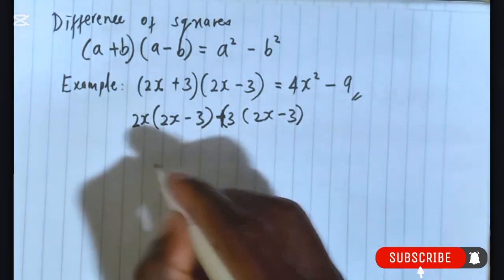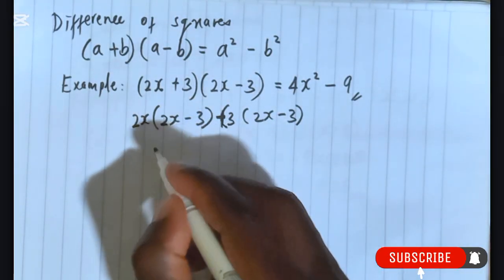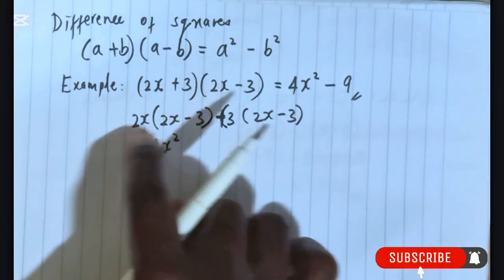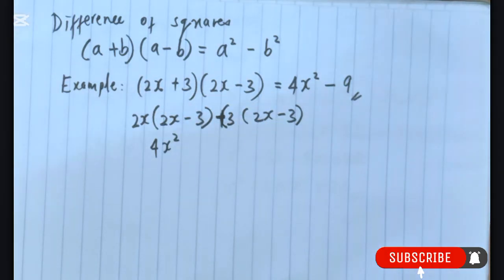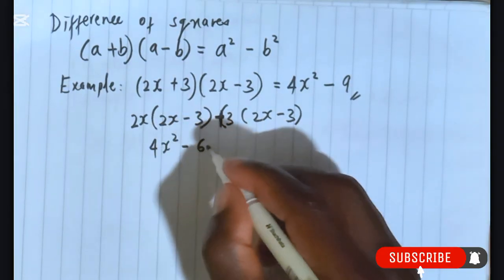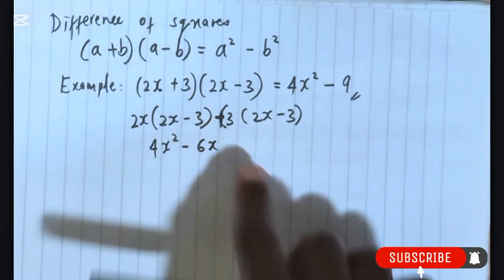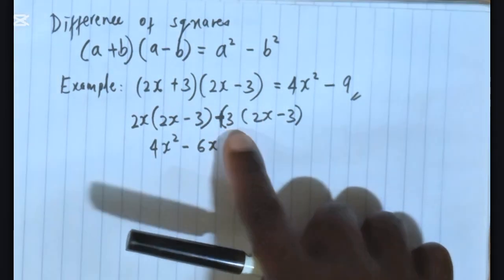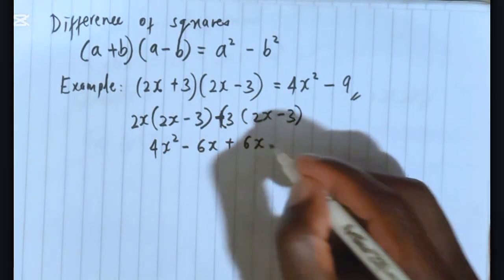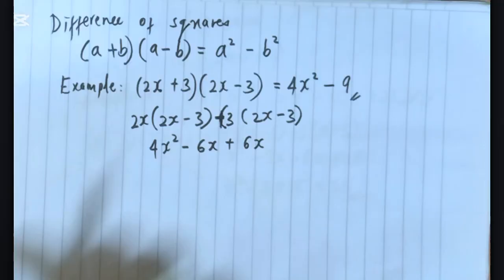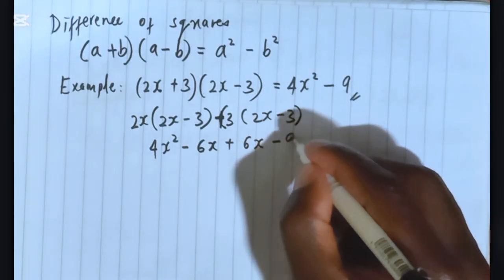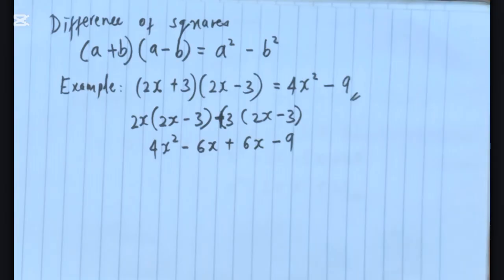What happens when we deal with this? 2x times 2x gives us 4x squared. Then 2x times negative 3 will give us negative 6x. Then we have 3 times 2x, which is equal to 6x. And then 3 times negative 3 will be negative 9.